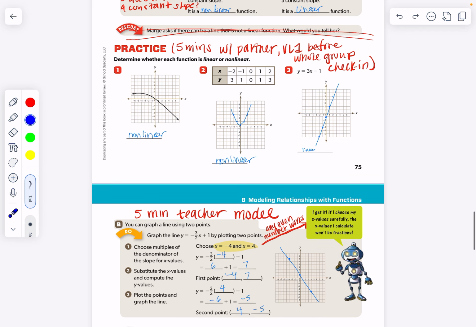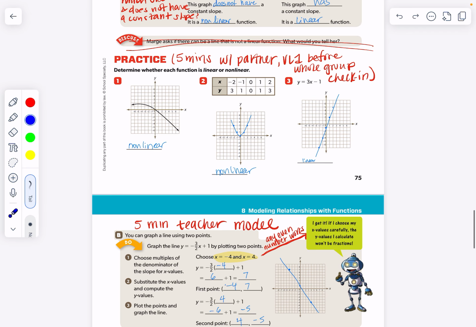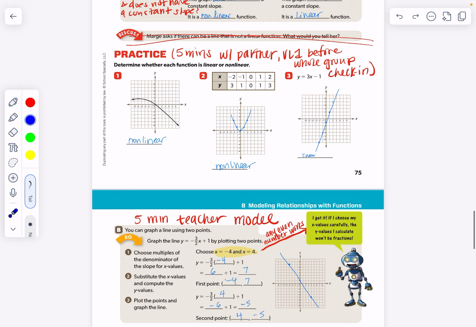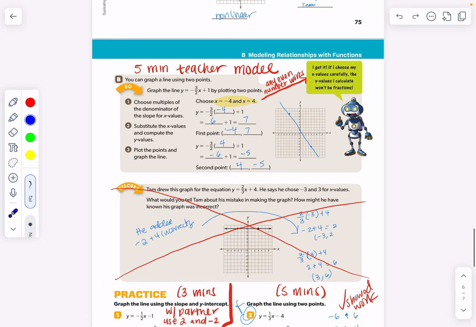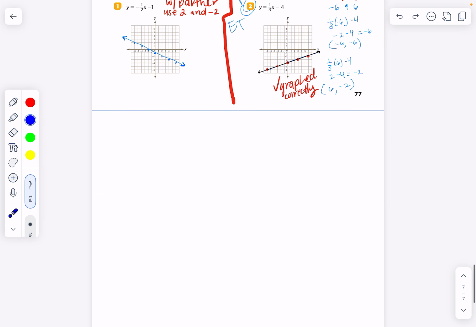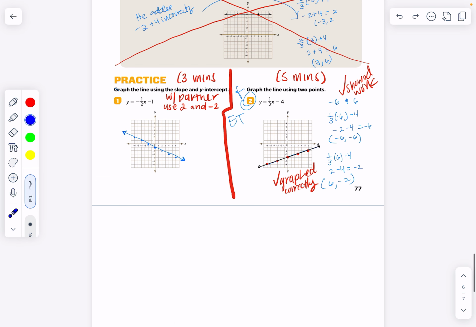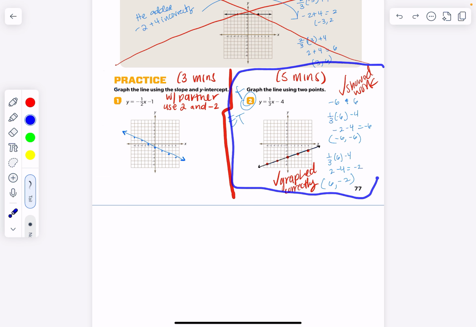From there, you will launch students into 5 minutes of partner practice. And then they will do this last question as their exit ticket.